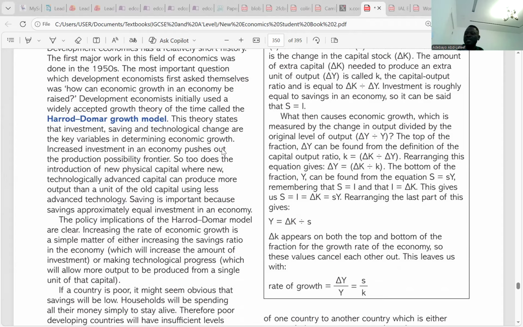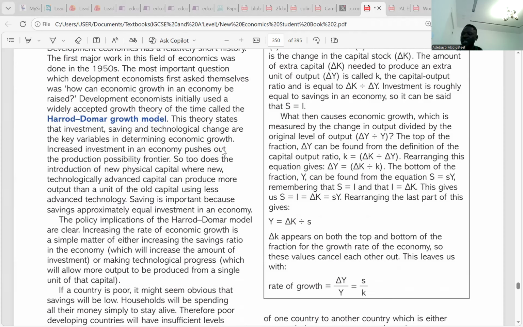So there is an economic policy for that. We call it money creation. Money creation is simply about how commercial banks are able to create money from depositors or savers. And how does that happen?